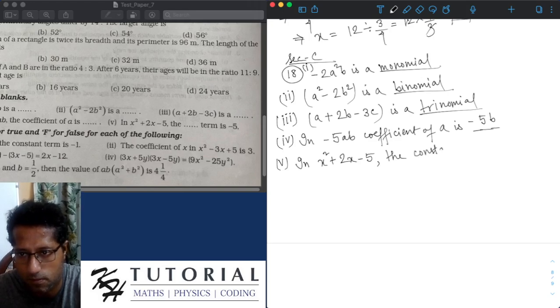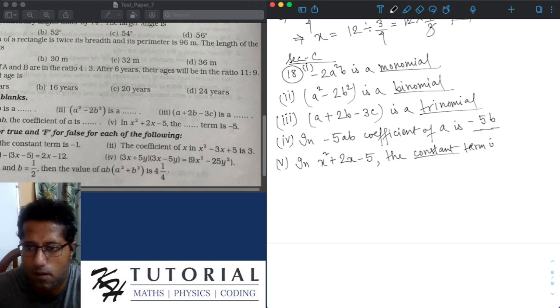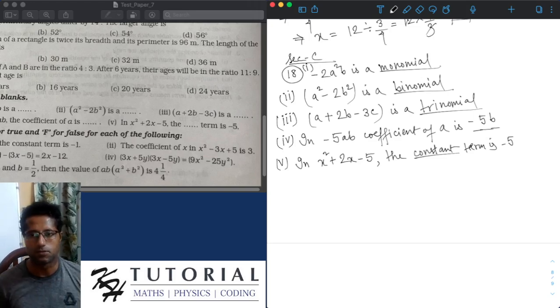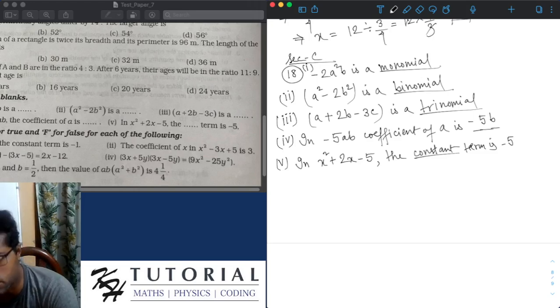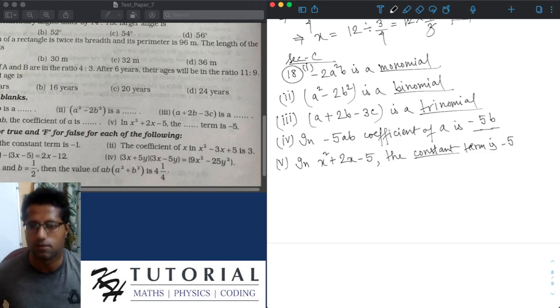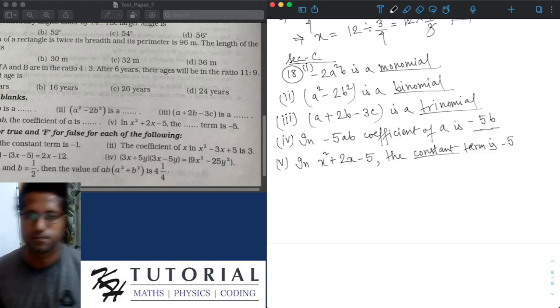Minus 5 is the constant term, so the fill in the blanks will be: the question was, in x square plus 2x minus 5, the dash term is minus 5, so the dash will be constant. Minus 5 is the constant term.